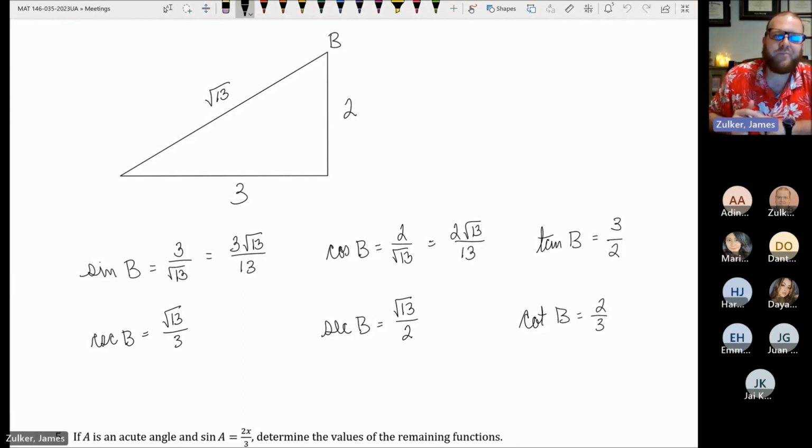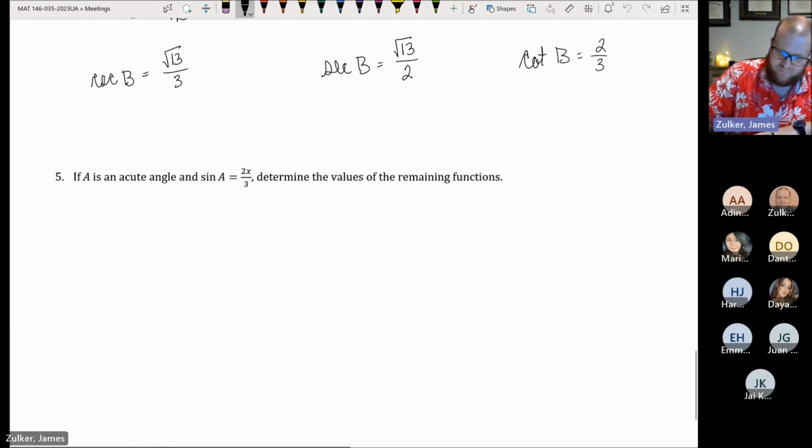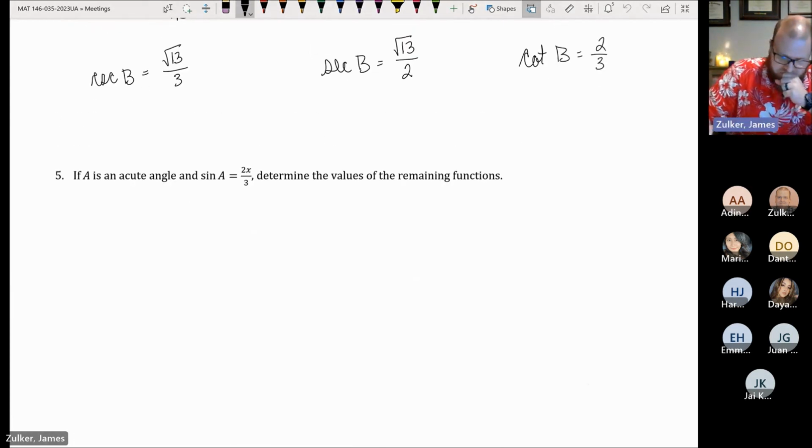Oh, but by the way, why stop there? If A is an acute angle and we're told that sine of A is 2x over 3, we're going to find an expression for the remaining trig functions.